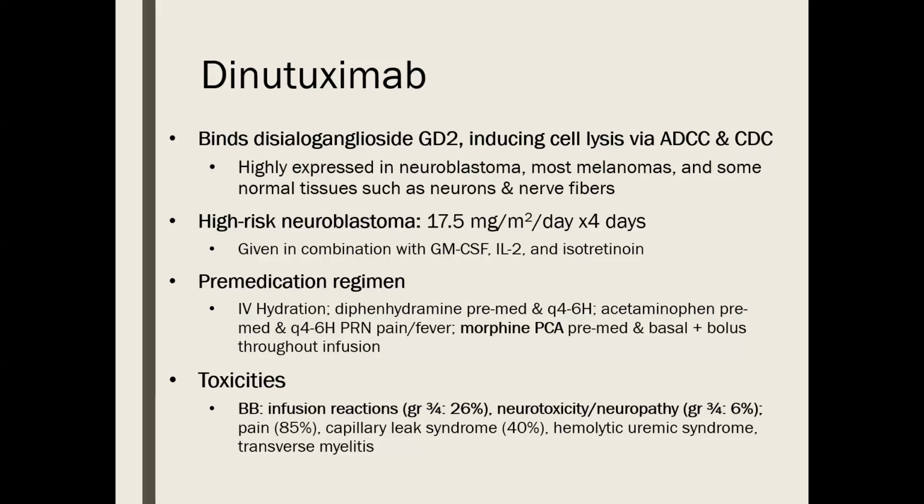Capillary leak syndrome, pretty high rate here at 40%. And then hemolytic uremic syndrome and transverse myelitis are also toxicities noted with this product. So it's very interesting from a mechanism perspective, as well as showing those on-target but off-tissue effects that you can see with a lot of these products, and what that might look like in clinical practice.